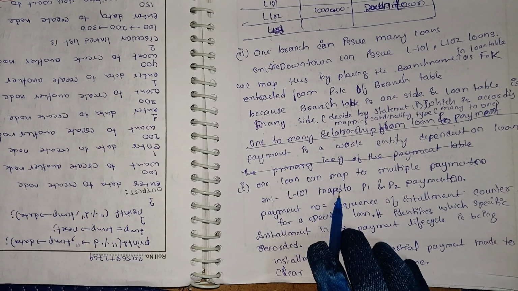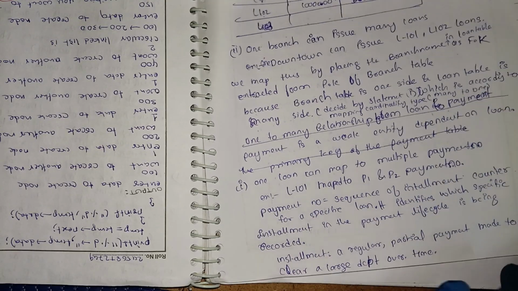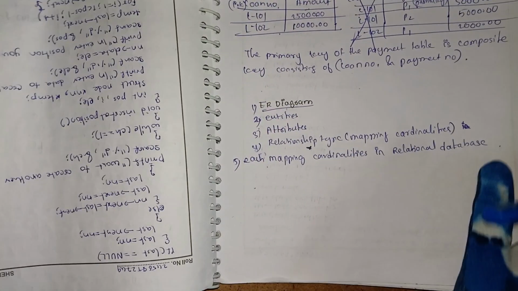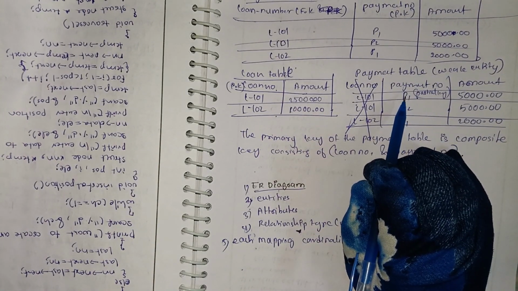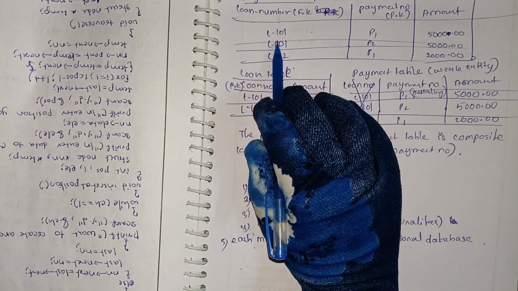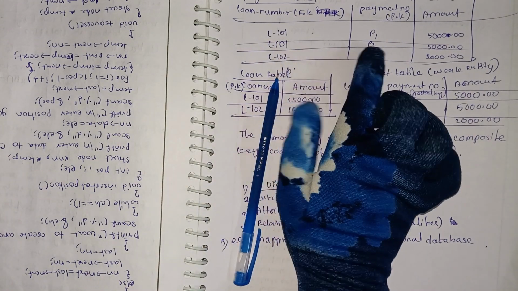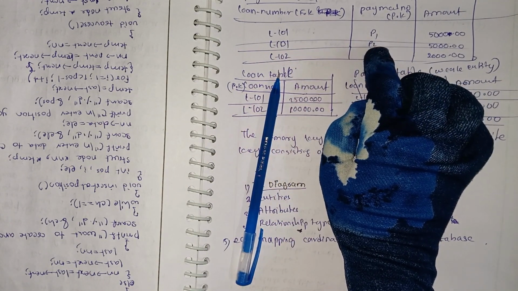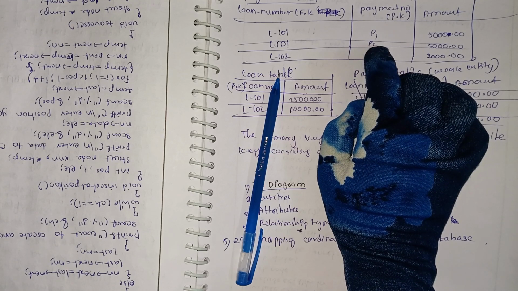So L101 is mapped to P1 and P2 payment numbers. Here L101 is stored repeatedly in two rows. So it is mapped to P1 and P2, which is the sequence of installment counter.